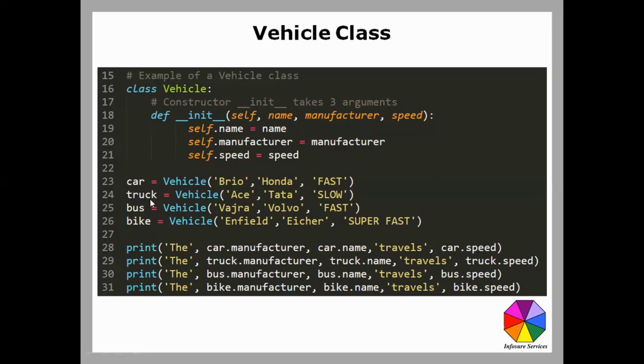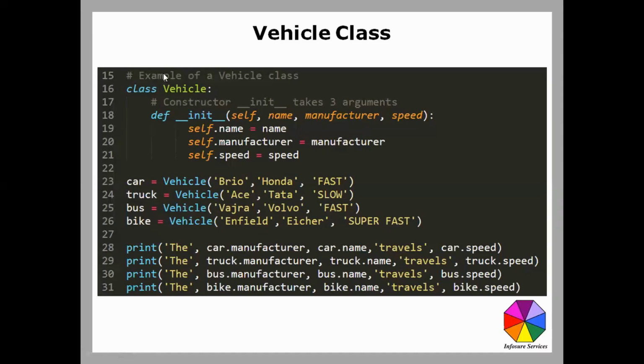A truck is a vehicle, and this specific one has the name Ace. The manufacturer is Tata, and it moves slow, so speed is slow. So I'm passing the values for name, manufacturer, speed, assigning it to the object. Bus is Vajra, Volvo, fast. Bike is a vehicle, its name is Enfield, manufacturer is Eicher, and super fast.